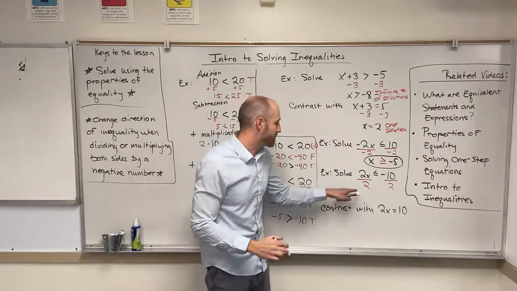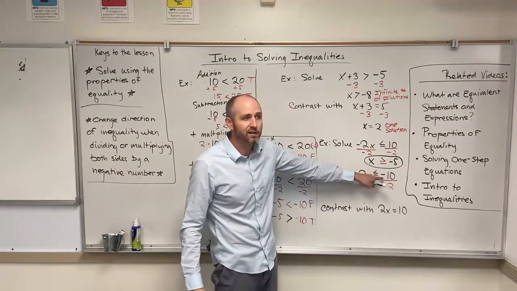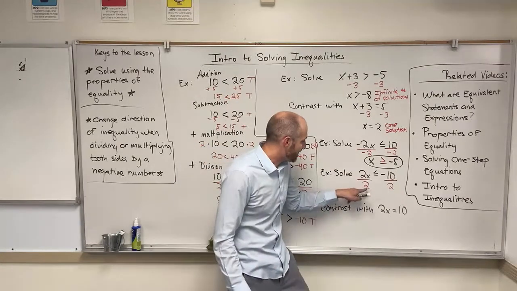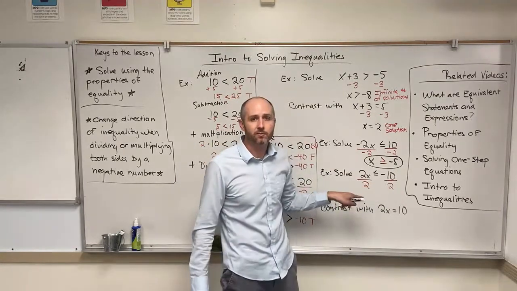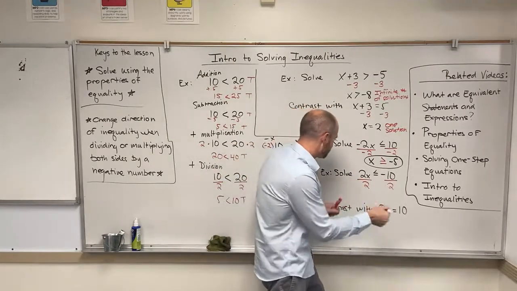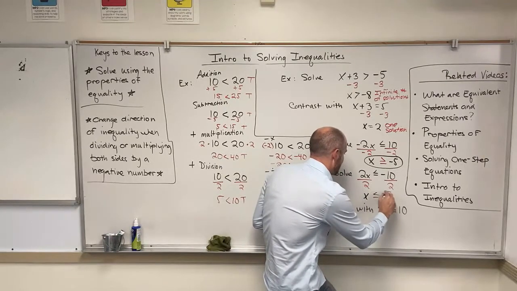Even though this number over here is negative, we still don't need to change the direction of the inequality because the number we're dividing by is positive. So the result of this one will be x is still less than or equal to negative 5.